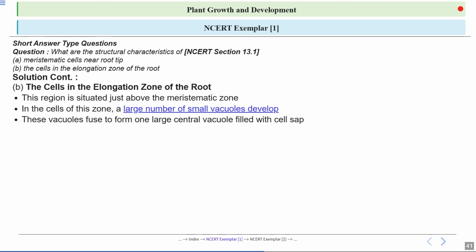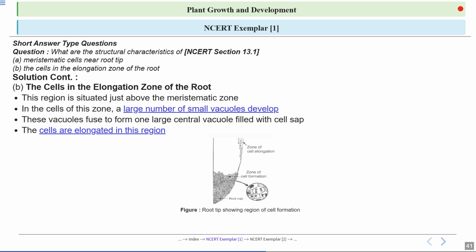So it has a lot of cell sap in it. Whatever excretory substances and extra water are there all get deposited in this central vacuole, and the nucleus, which was earlier present in the center, shifts towards the periphery. So the cells get elongated in this particular region.